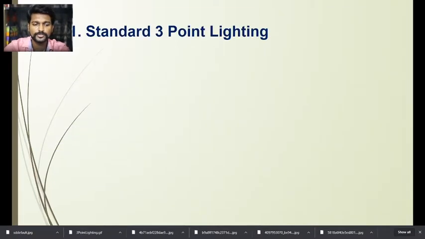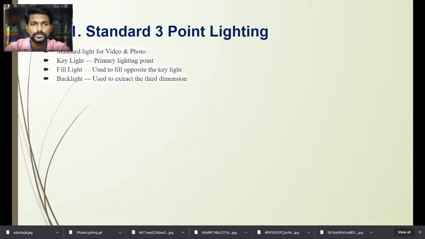First one is the standard 3-point lighting. We call this standard because this type of lighting is used in videography as well as in photography. So these are standard lights for video and photo.